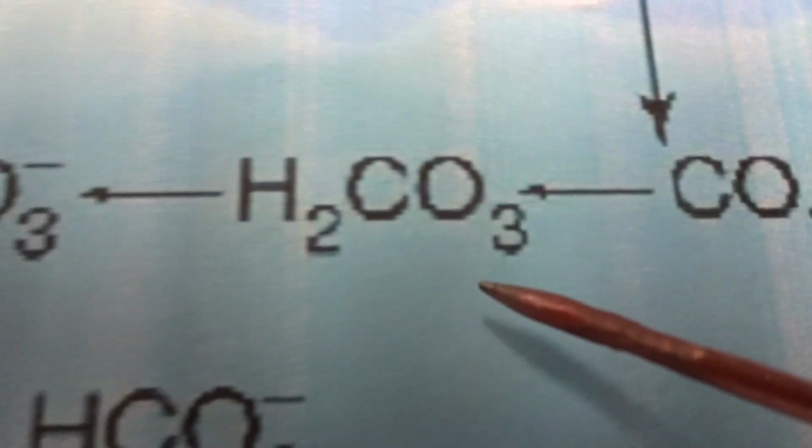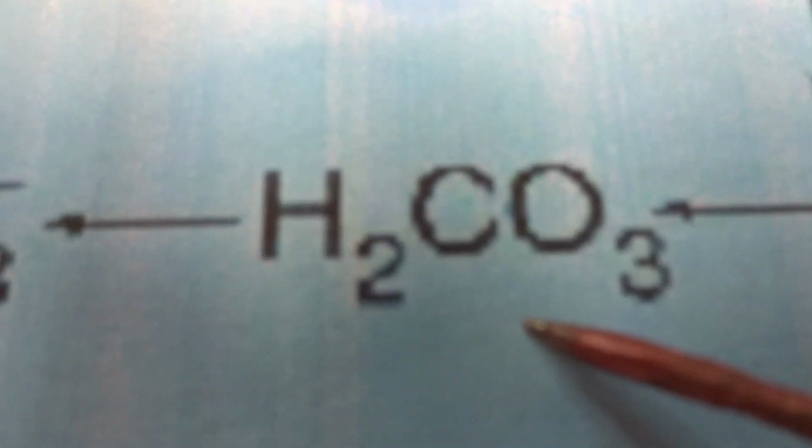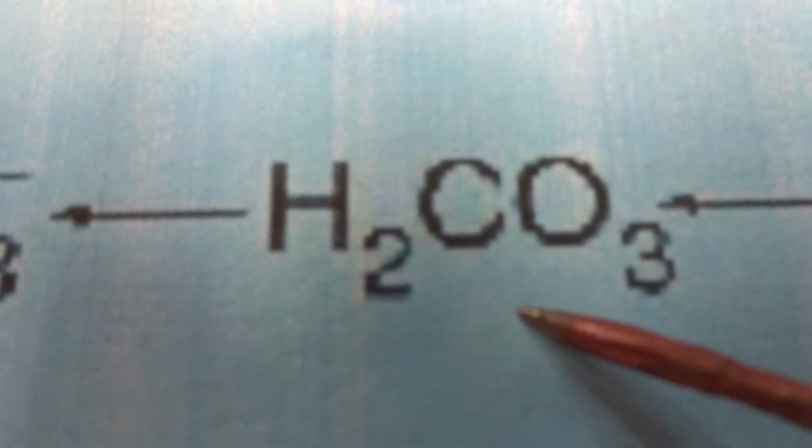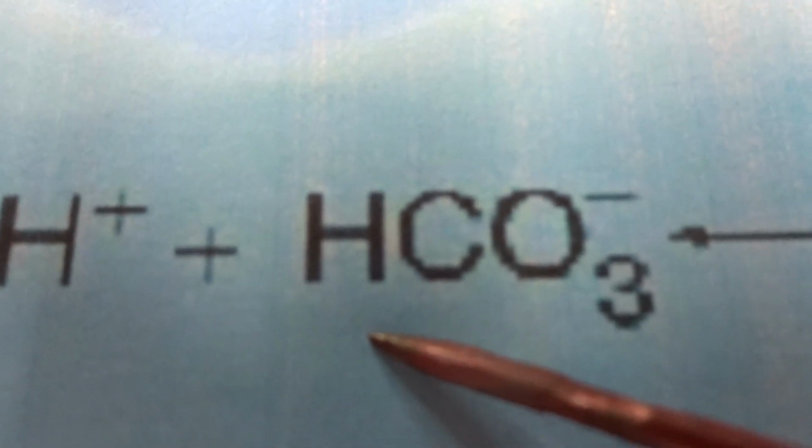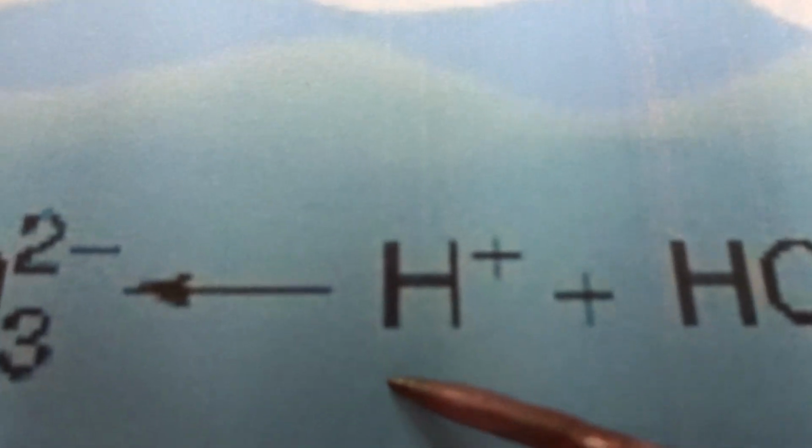Some carbon dioxide goes off as gas, forming H2CO3, or carbonic acid, which is acidic, forming HCO3, negatively charged. Here is where it's acidic.